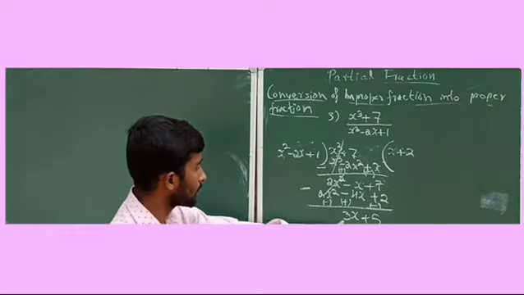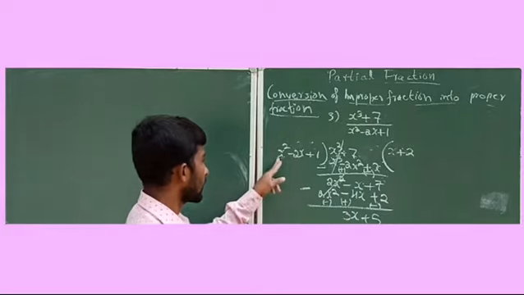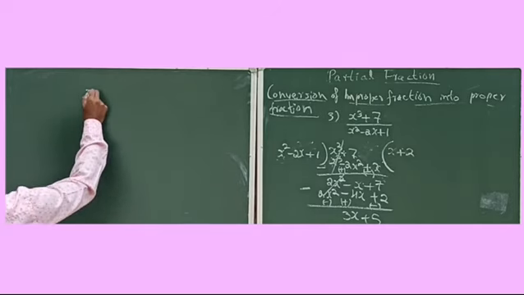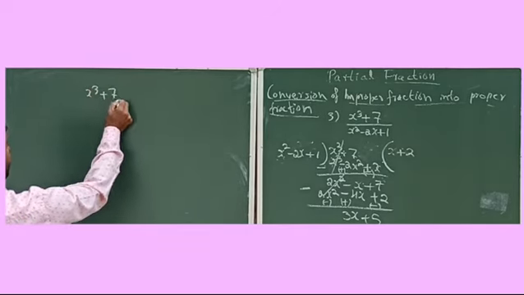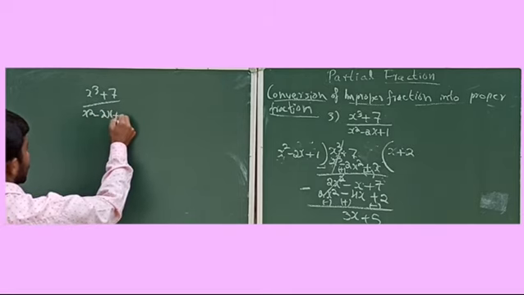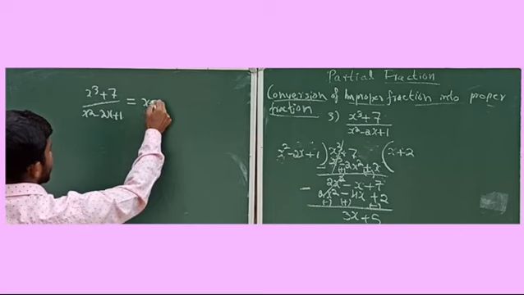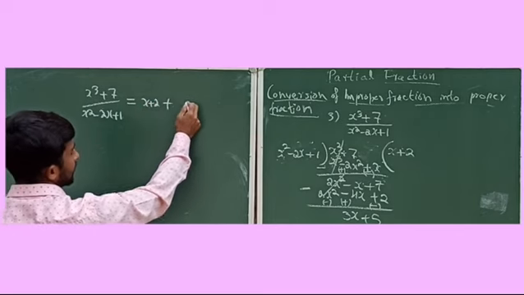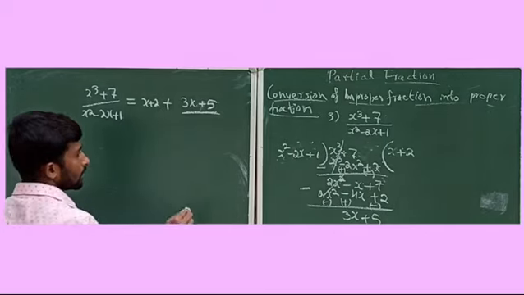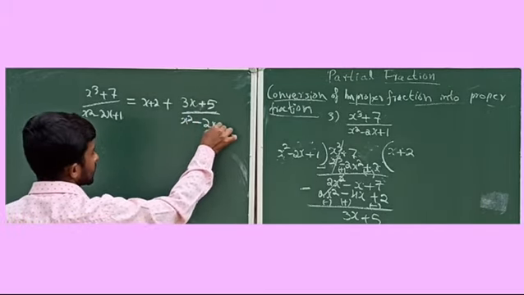Now observe the remainder and the divisor. The degree of the remainder is 1, the degree of the divisor is 2. Okay, so you can write x cube plus 7 divided by x square minus 2x plus 1 as the quotient, that is x plus 2, plus the remainder 3x plus 5 divided by the divisor, that is x square minus 2x plus 1.